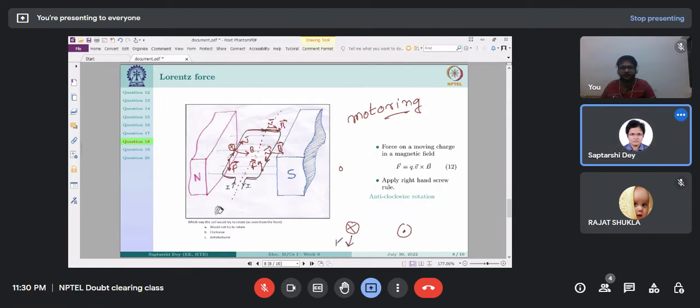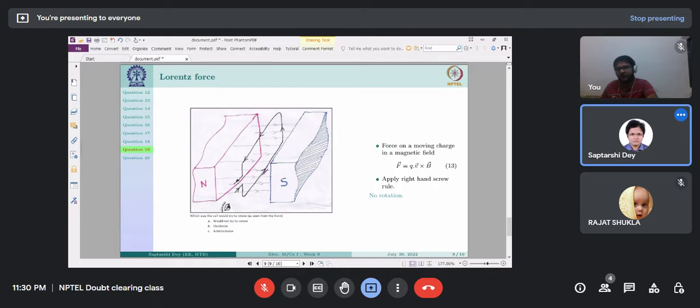So I have a downward force on the left hand side conductor, upward force on the right hand side conductor, hence a moment like this is created. So from here I will see a counterclockwise rotation of this system. So this whole loop, this winding or coil, will try to rotate in counterclockwise direction.